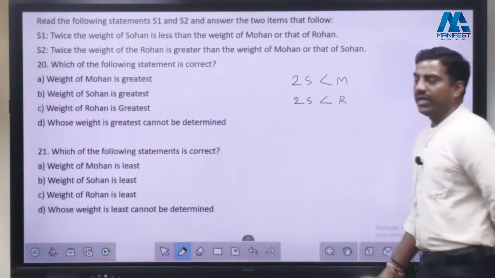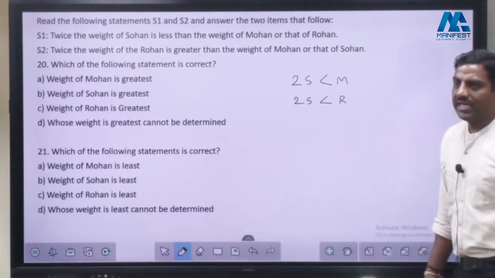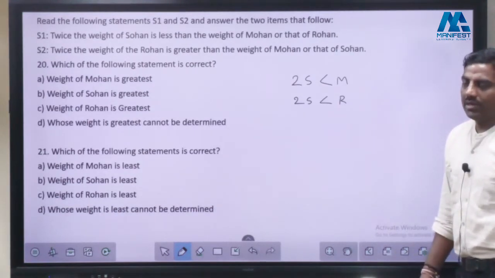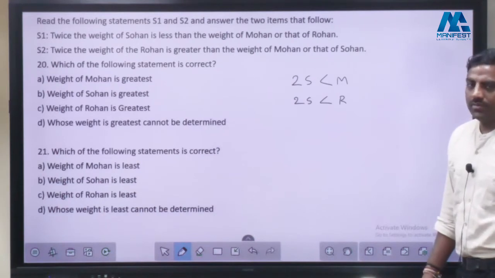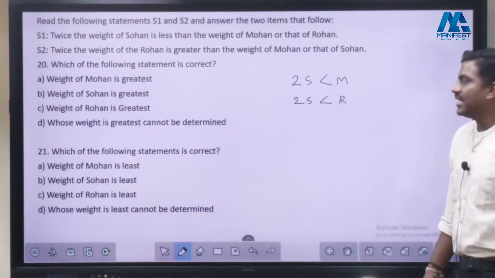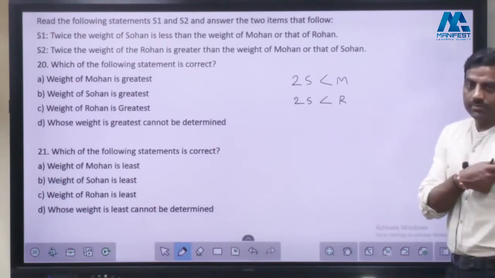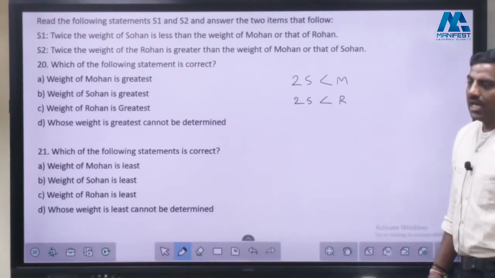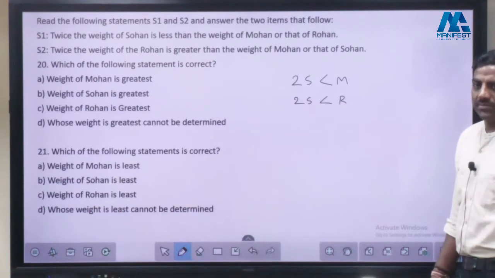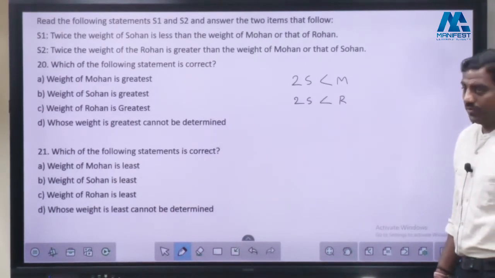So what do you conclude here? Who is having the least weight here? Even twice of Sohan is less than Mohan and Rohan. So S is the least. Among Mohan and Rohan, who is the highest? Don't know. Very good.